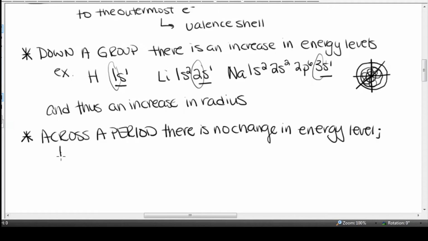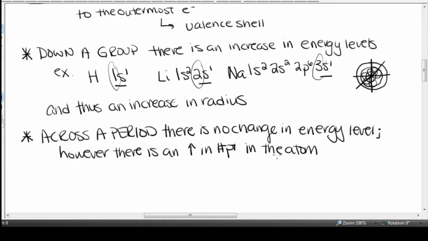However, there is an increase in the number of protons in the atom. This increase in the number of protons in the atom pulls the energy level in tighter or smaller.